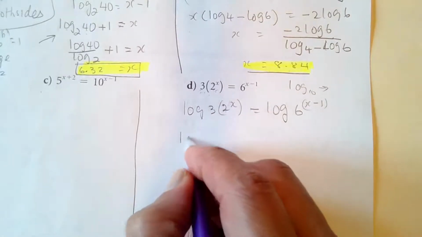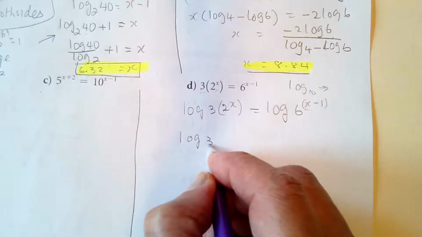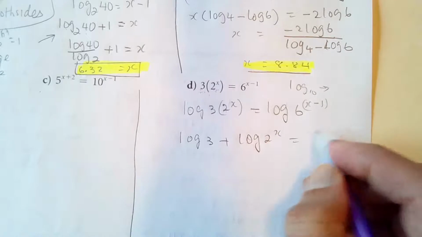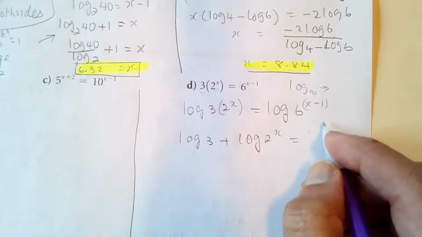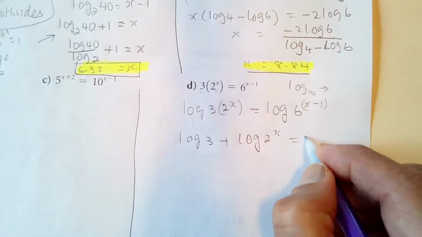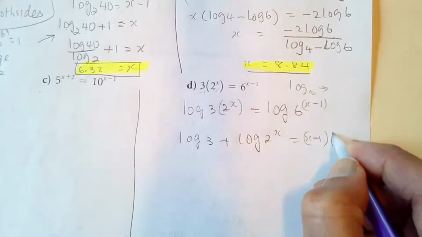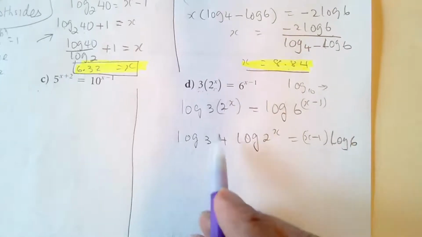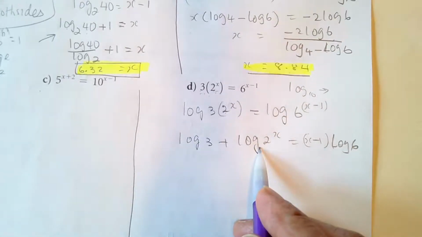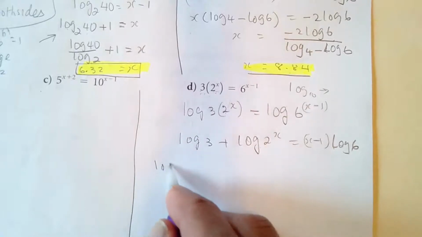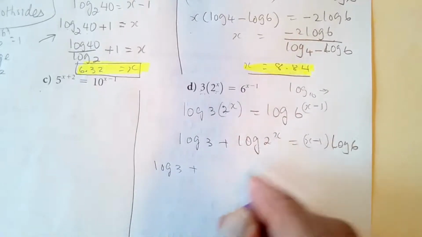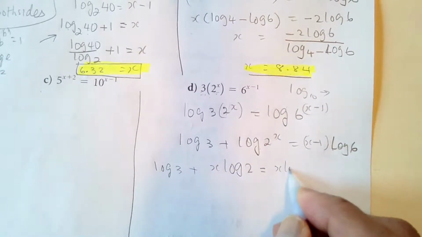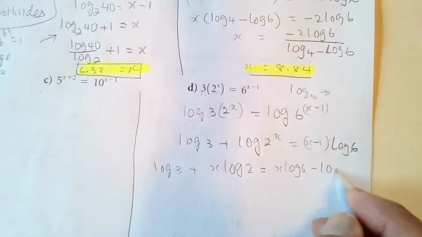So we have log 3 plus log 2 to the x is equal to, now power, we have x minus 1 log 6. We are going to have here now log 3 plus x log 2 is equal to x log 6 minus log 6.